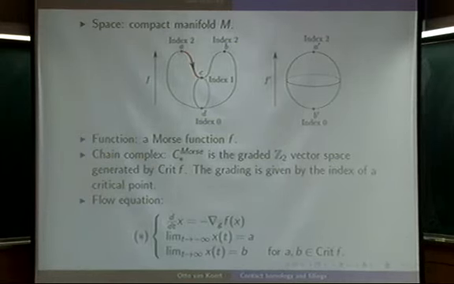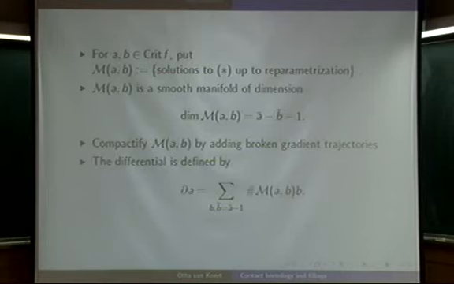So that's what you will do to compactify the moduli space. You will add broken gradient trajectories. That's a finite sequence of flow lines. And okay, so that's how we compactify the moduli space.